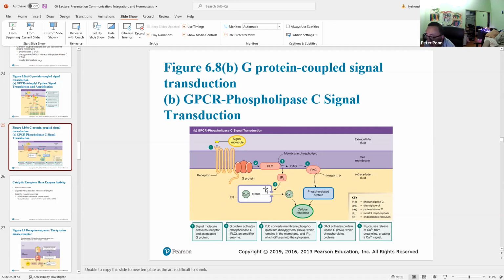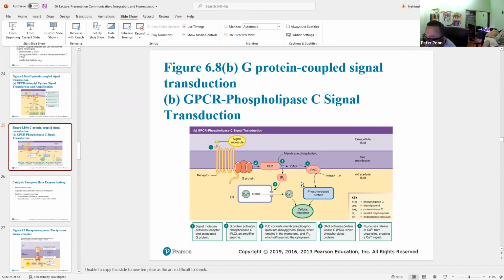One part is called diacylglycerol, DAG, and the other is IP3. IP3 is going to be hydrophilic, so it will float around the cytoplasm and turn on other stuff. DAG will still be attached to the plasma membrane and it will turn on other stuff in the plasma membrane.